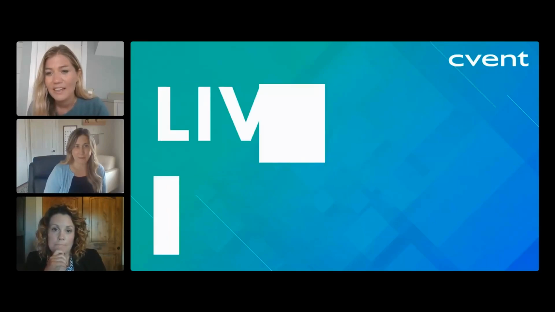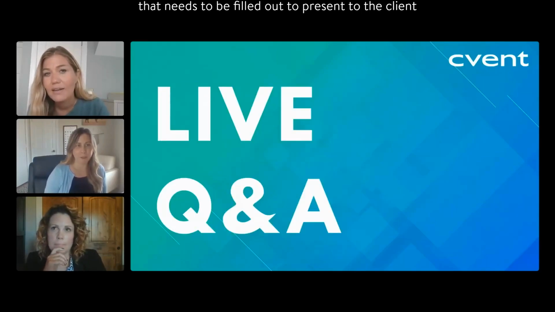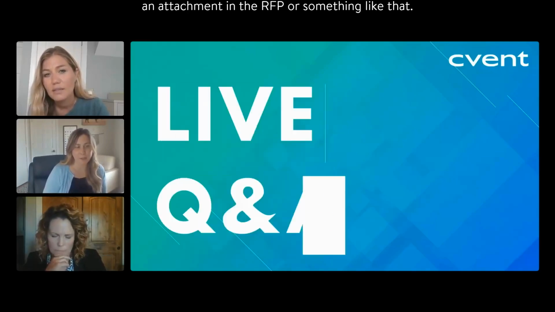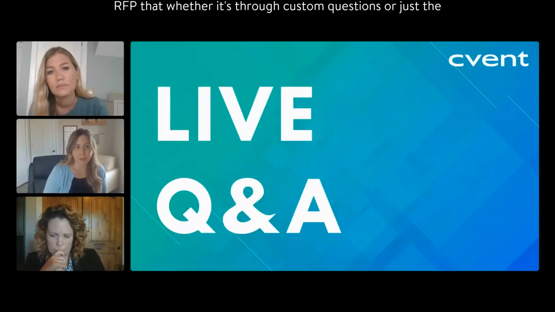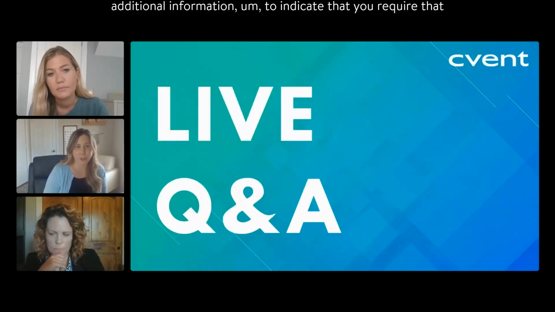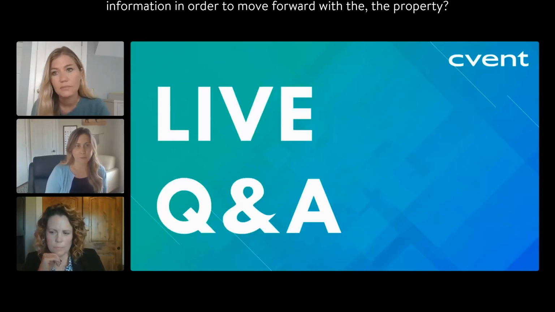I'm wondering if it's that they're submitting something that needs to be filled out to present to the client and they're not receiving it, if it's an attachment in the RFP or something like that. If that's the case, I would just make sure to put additional comments in the RFP, whether through custom questions or just the additional information, to indicate that you require that information in order to move forward with the property.